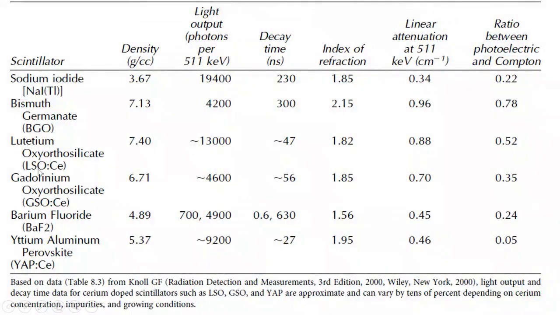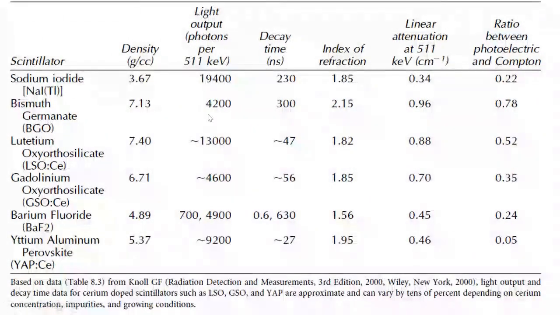Bismuth germanate, also known as BGO, is another type of crystal that is valued for its high density and effective gamma ray stopping power, making it useful in medical imaging and high energy physics experiments. Additionally, lutetium oxyorthosilicate, abbreviated as LSO, is a crystal known for its excellent light output and fast decay time, which are crucial for precise timing in positron emission tomography (PET) scanners. These examples illustrate the diversity and specialized uses of different crystal types in various scientific and industrial fields.